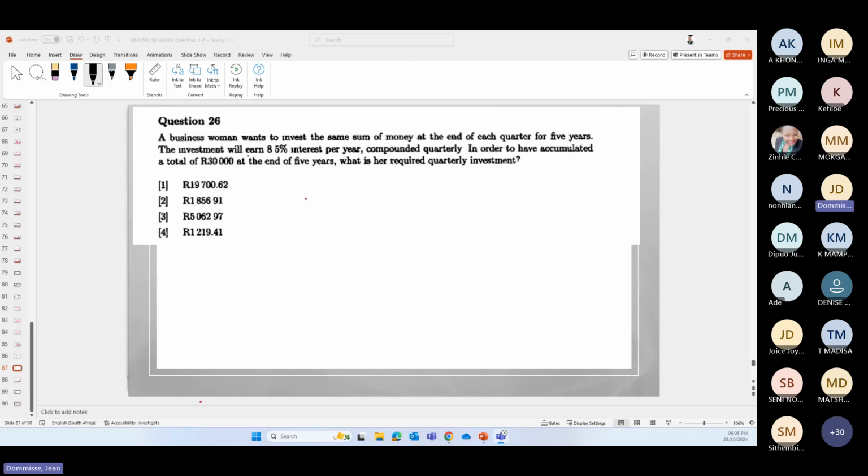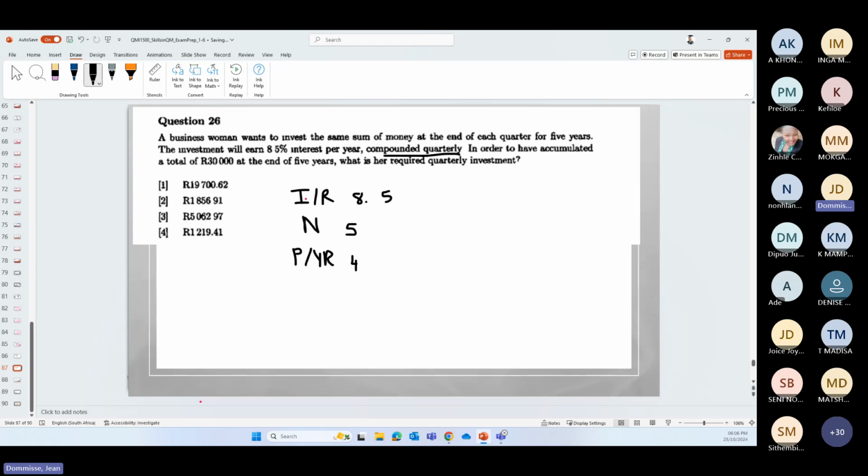The investment will earn 8.5% interest per year. Okay, so we know N is 5. We know times per year is 4 because it is compounded quarterly.